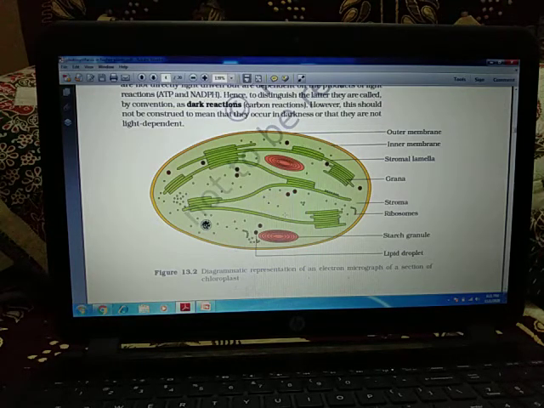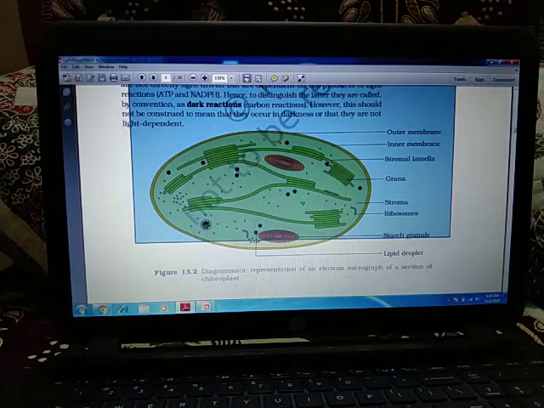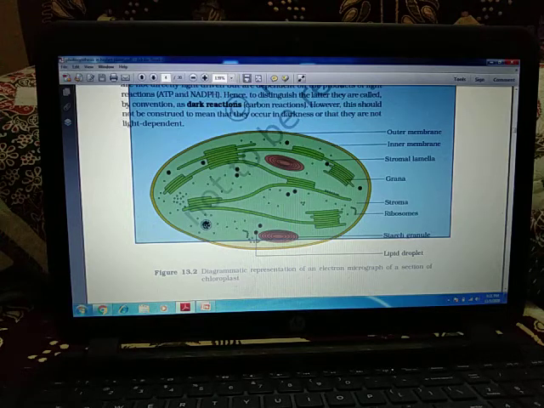Now, components of a photosystem consist of a reaction center. In the thylakoid, photosystem 1 and photosystem 2 are present, and they have different components in them.